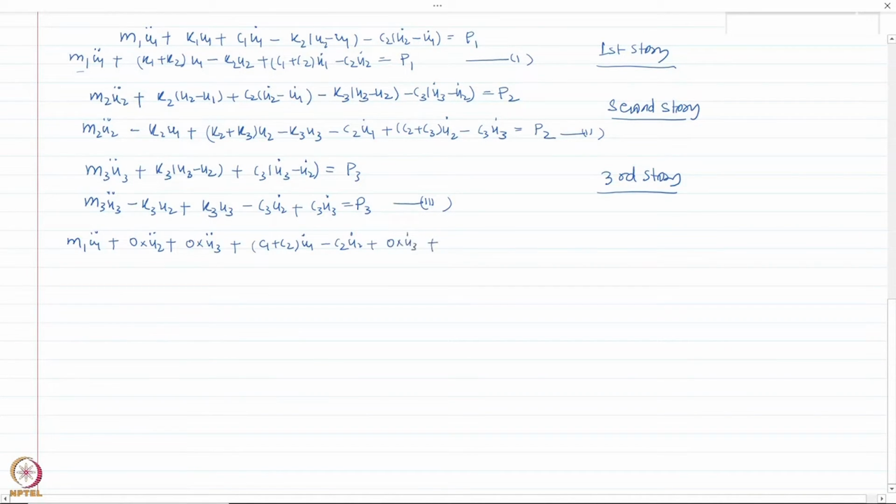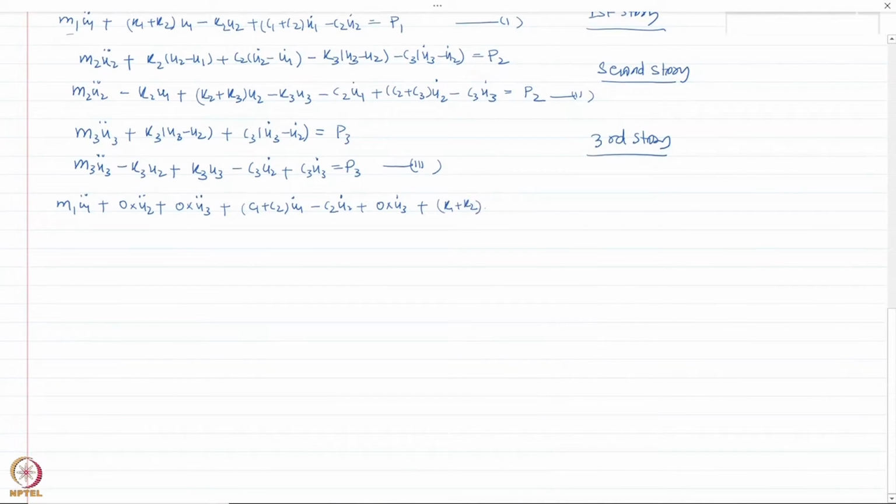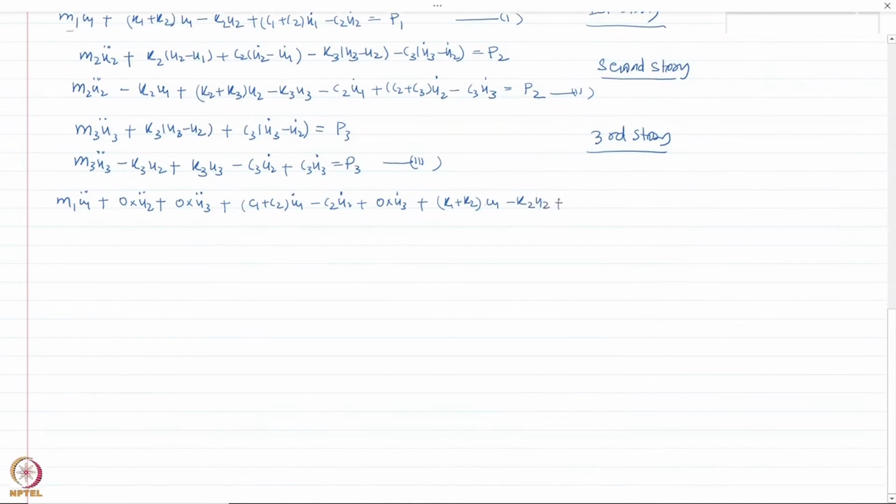Similarly, the stiffness terms would be K1 plus K2 times u1 minus K2 times u2, plus 0 times u3, and this is equal to P1.